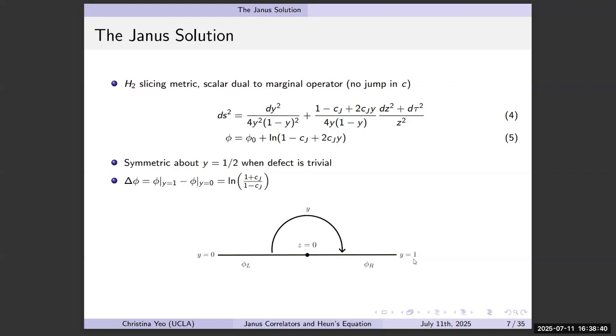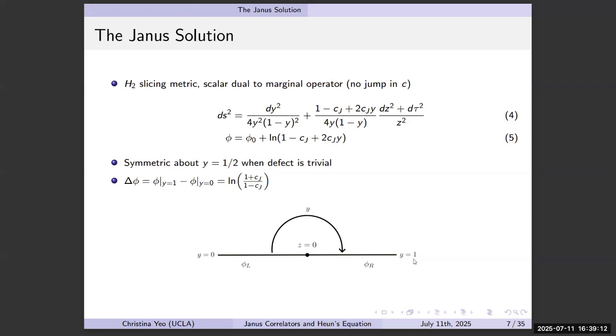Yes, this is the boundary in the Poincaré slicing metric. So z equal to 0 covers the whole line or only the point? Just this point. z is the radial coordinate, and y is the angular coordinate, and z equal to 0 is the boundary. Yeah, so there's three boundaries: this point, and y equals 0 and y equals 1 boundaries. And this is the structure of the boundaries.